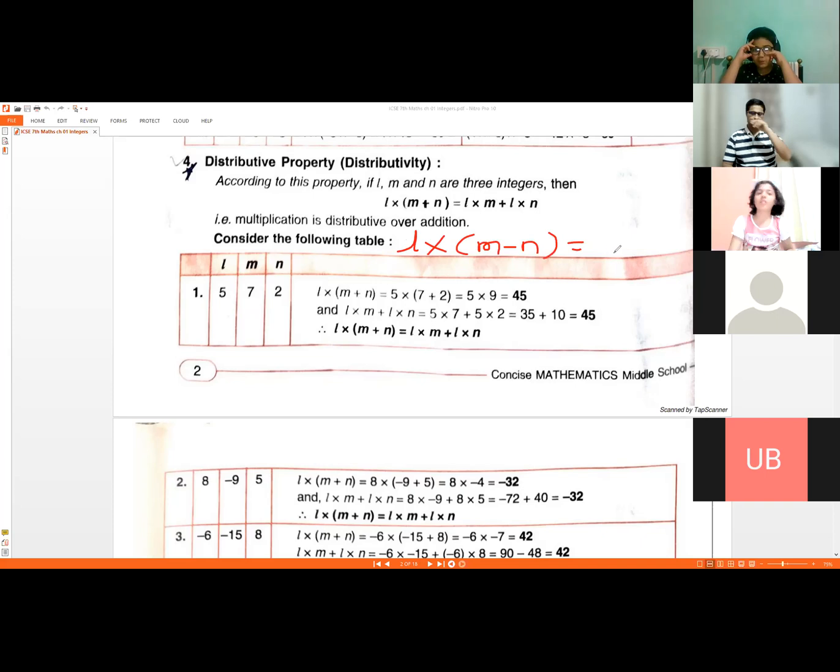What do you get? Tell me. Sir, for example, 4 into 3 minus 4 into 2. Correct. So if there is a minus in the middle, you will get minus here. Are you getting the concept?